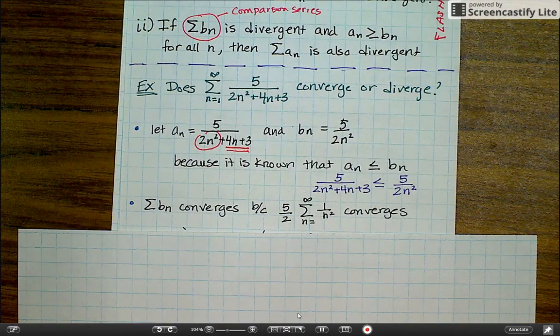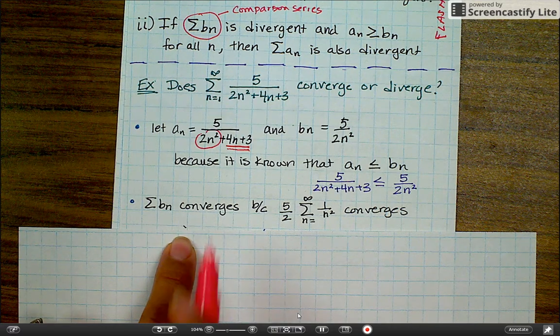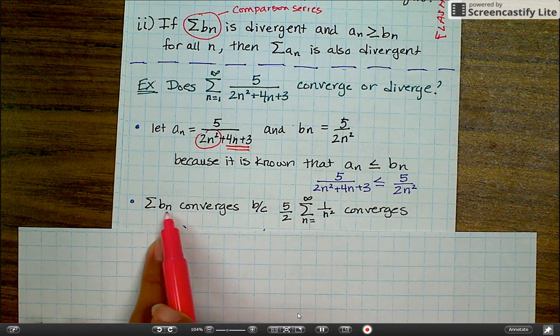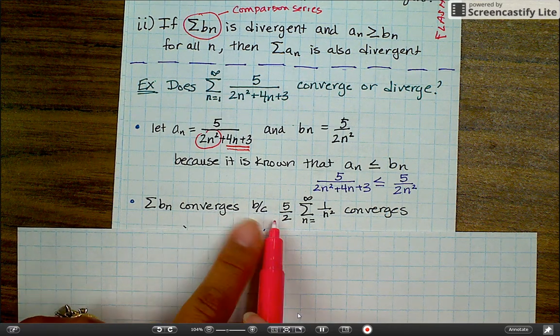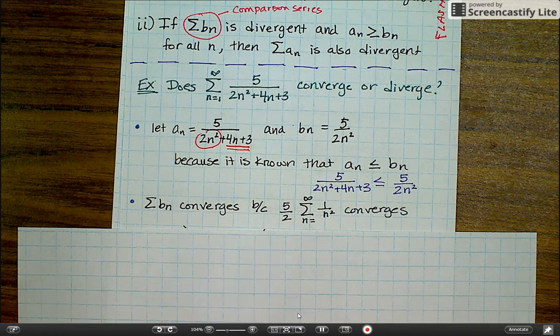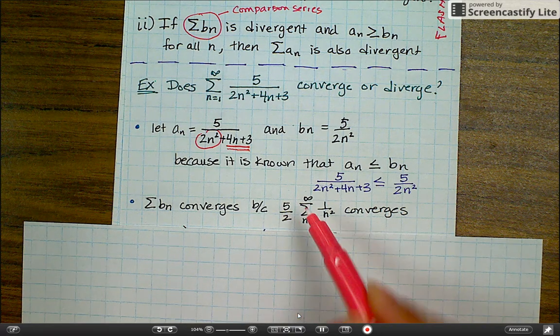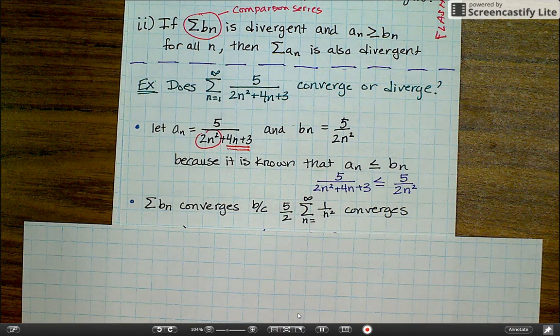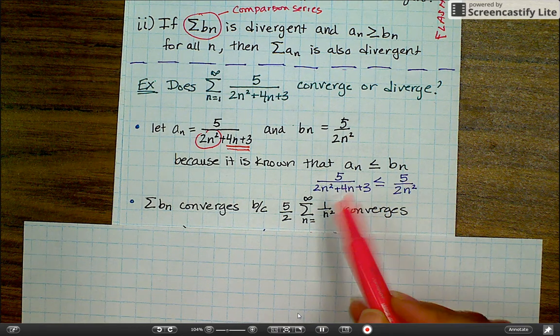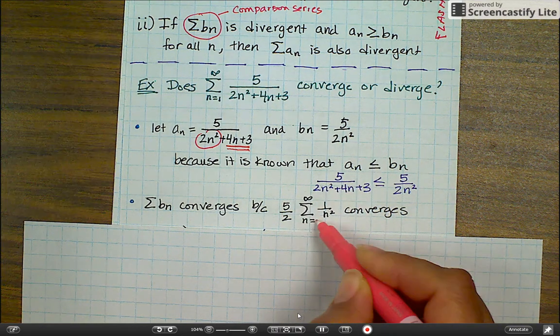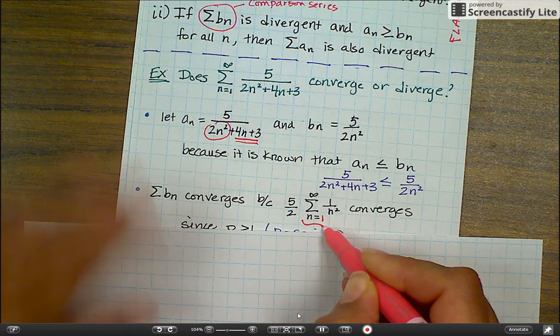Now, what do I know about Bn? Well, I know that the sum of my Bn is going to converge because if I pull this out, just like we can do with sums and with limits, I can pull out this coefficient, and I know that this expression right here converges.